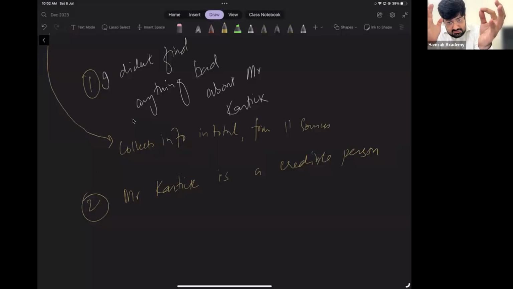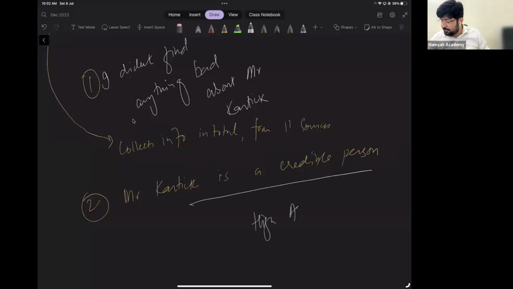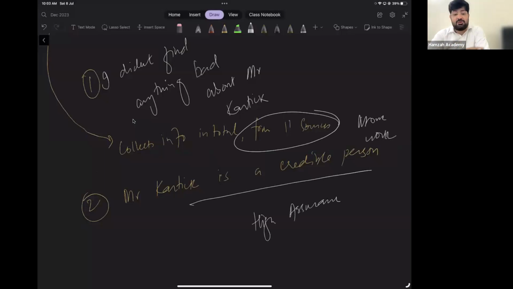Here, confidence is high. Why? Because more work has been performed.